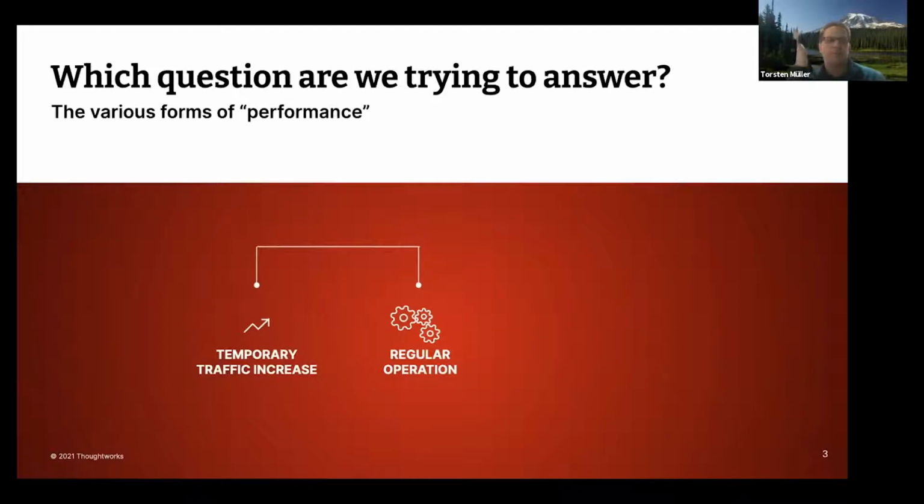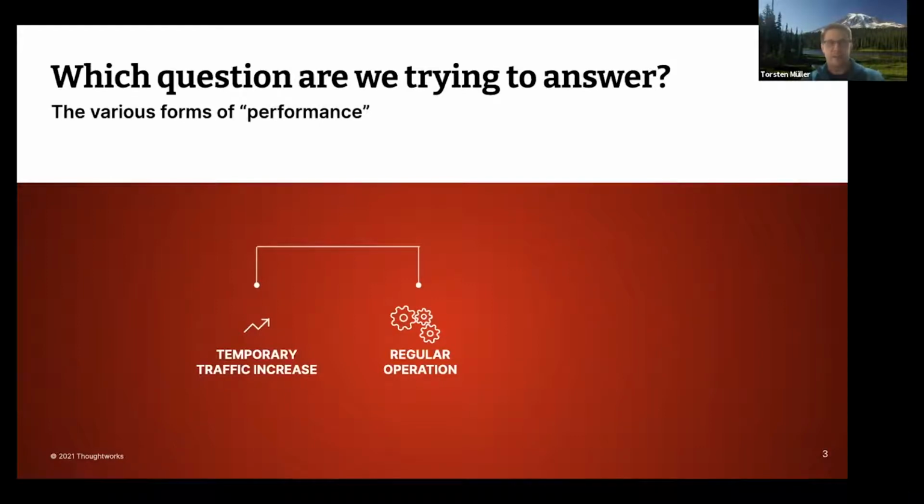And it was all going well until sometimes an article that they published was picked up by a big US newspaper, like the New York Times or the Washington Post. Then suddenly traffic skyrocketed. And it went so badly, because our systems weren't performant enough and we didn't test for it, that we actually had to remove the payment gateway just to handle the traffic. So that would be a temporary traffic increase.